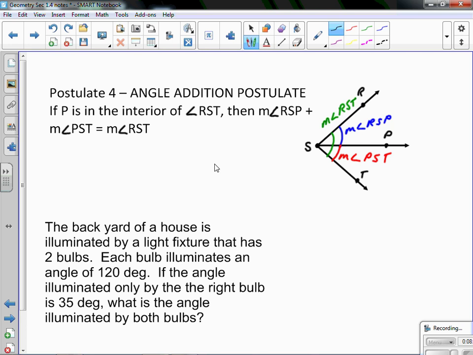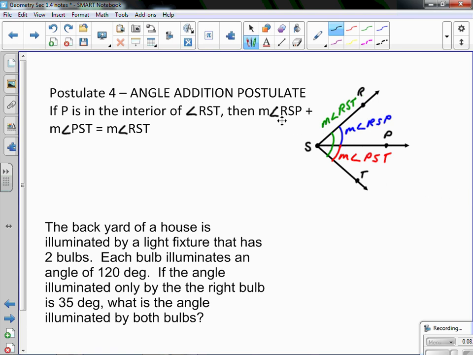So postulate 4, the angle addition postulate, very similar to the segment addition postulate, just says that if I have a couple of angles that are attached to each other side by side, then if I add the measure of those two angles together, that will give me the measure of the big angle.